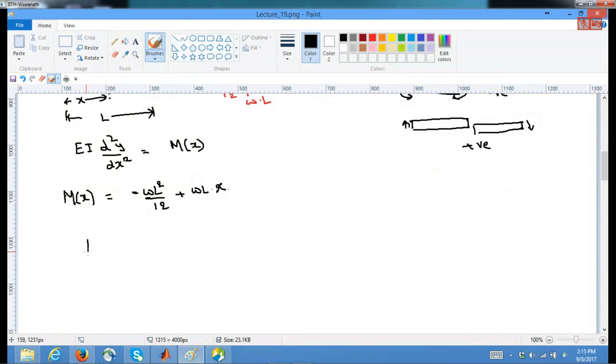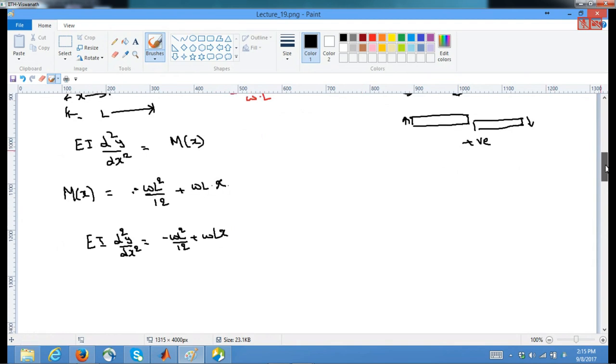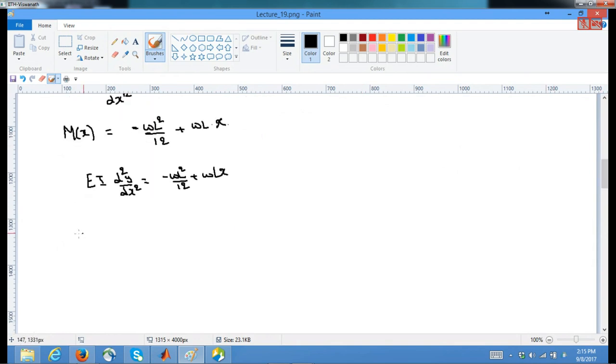Our analytical solution can be obtained by solving this expression. Since this is explicit, we can directly integrate it.